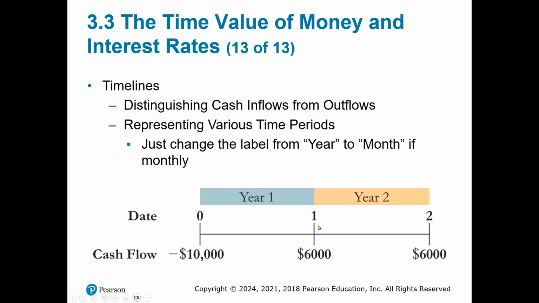So year 1 is between date 0 and 1, and year 2 is between date 1 and 2.